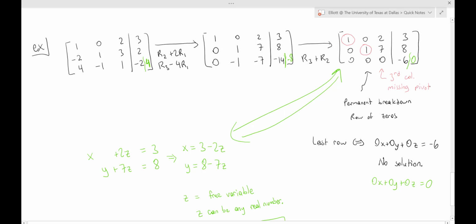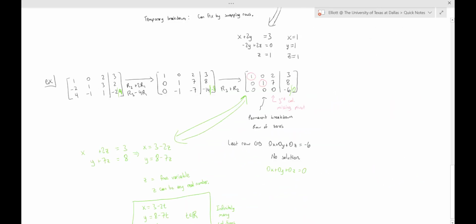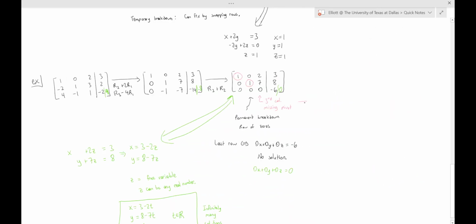So in general, whenever you have a column missing a pivot, that indicates the presence of a free variable. Specifically, since the third column was missing a pivot, that's why the third variable z ended up being a free variable.